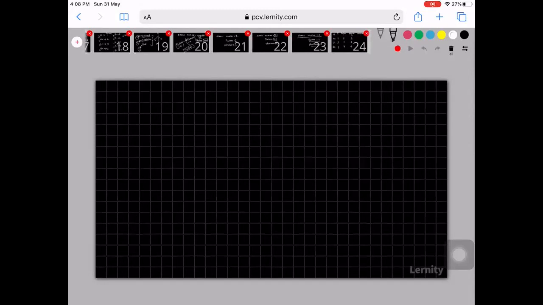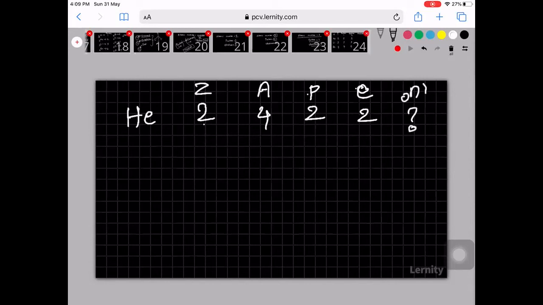Now, I told you that helium has atomic number 2. Its mass number is 4. If atomic number is 2, number of protons will be 2, and number of electrons will also be 2. What about the number of neutrons? That we have to know.